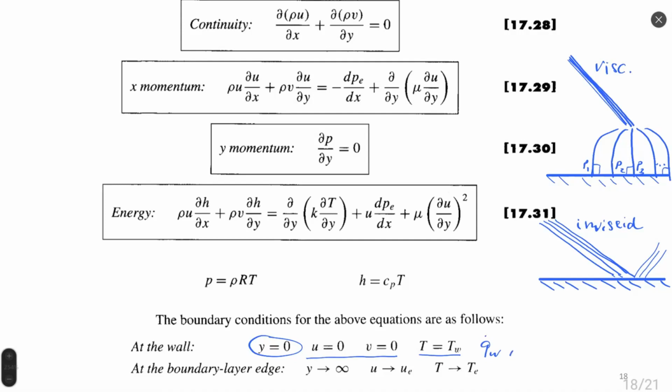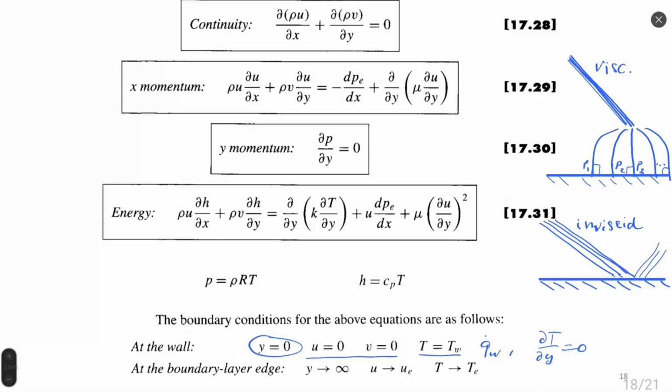QW could be dT by dy equals 0. So one of those three boundary conditions could be implemented in different computational software, including ANSYS Fluent.